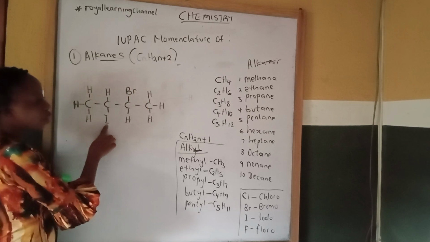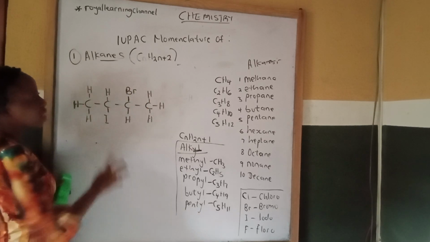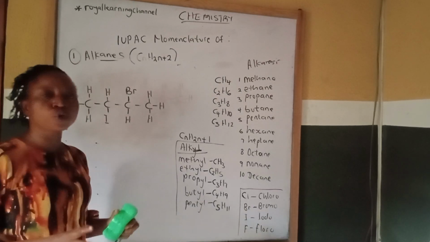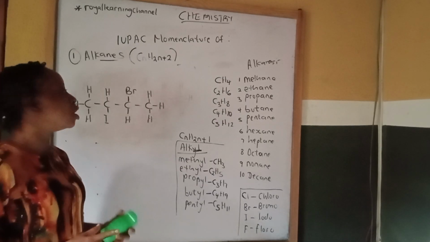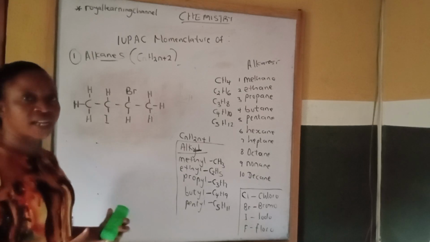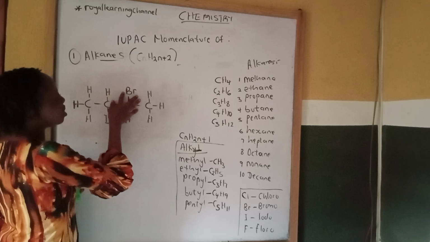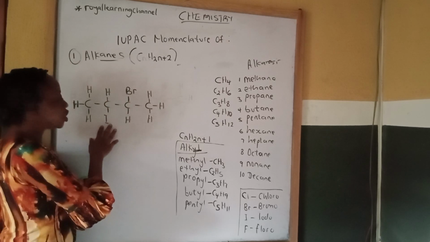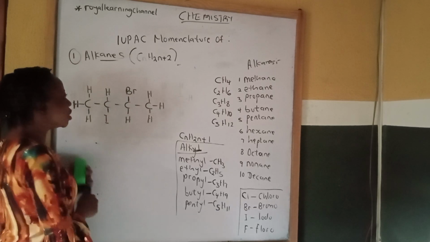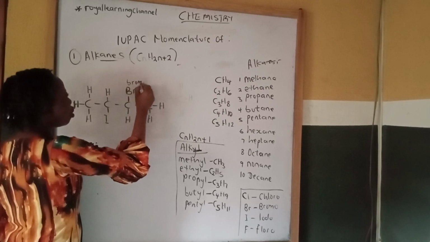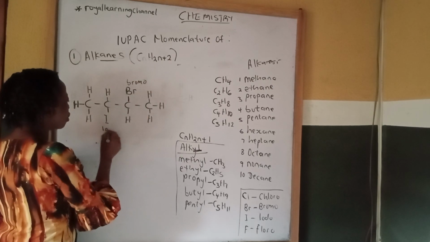Bromine and iodine are inorganic substituents. When you have two different inorganic substituents, you name them alphabetically. Alphabetically, bromine will come before iodine. Bromine sounds bromo, while iodine sounds iodo.